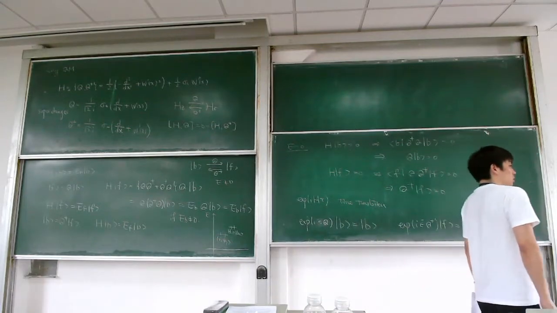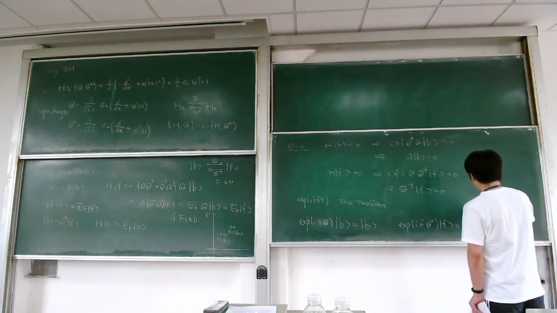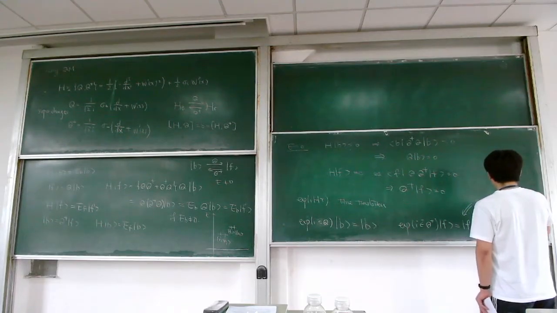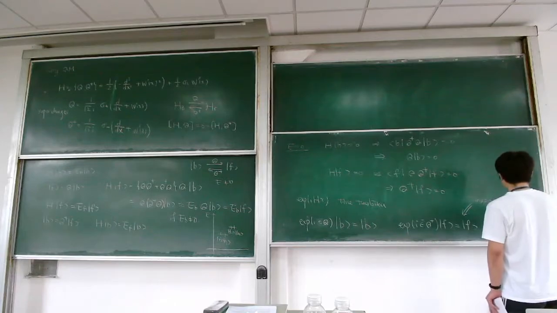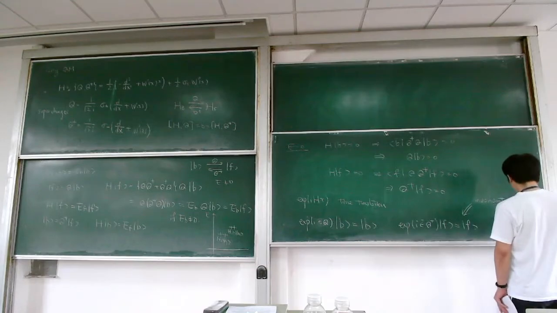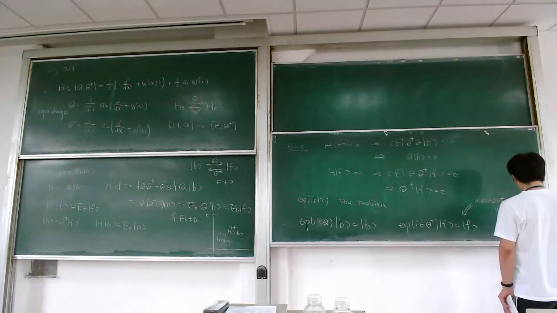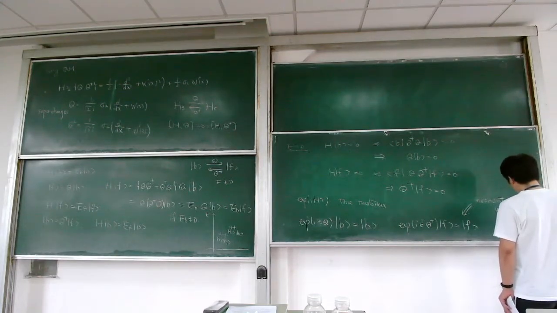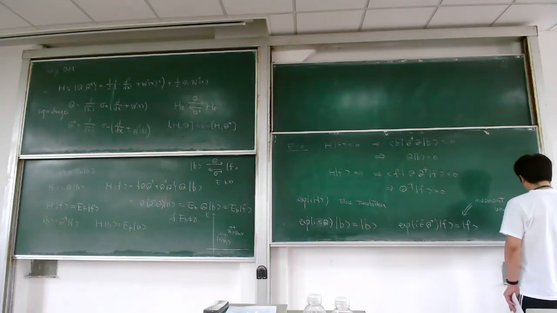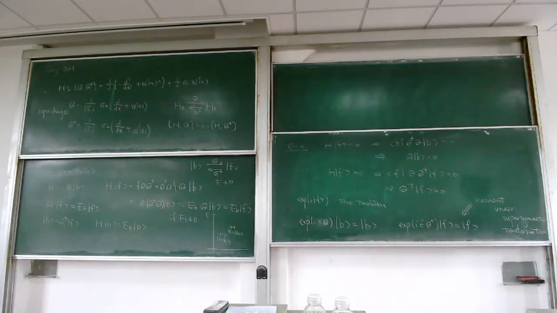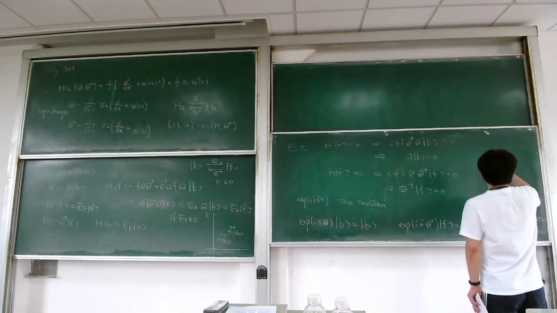Okay. So these are called invariant under supersymmetric transformation. Therefore, the ground state is sometimes called a supersymmetric state.